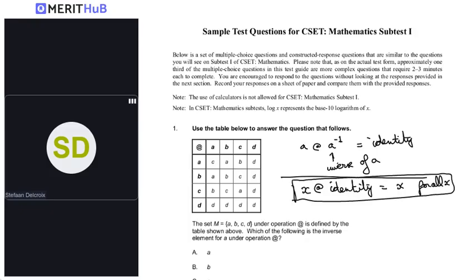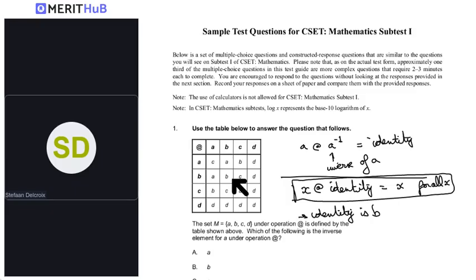So can you now look at this table and tell me what the identity is? It's that one element, when you operate by it, it doesn't do anything. That's B. The identity is B. Because A operation, which element gives me A? A operation B. Now we should check the others.